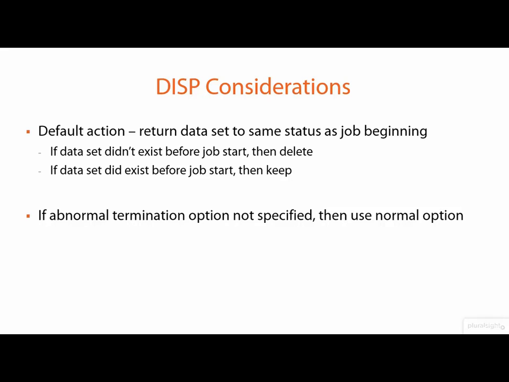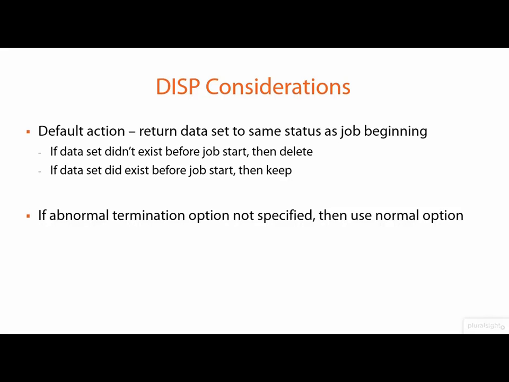A normal completion means that the job ran to end, whether it had errors or not. An abnormal termination means that the job was not capable of completing and the system terminated that job. As a result, the action to be taken in the disposition will be determined by whether it was a normal termination or an abnormal termination.